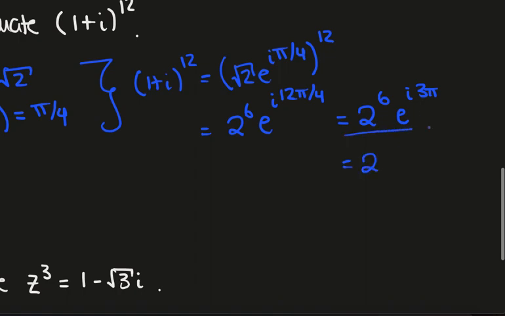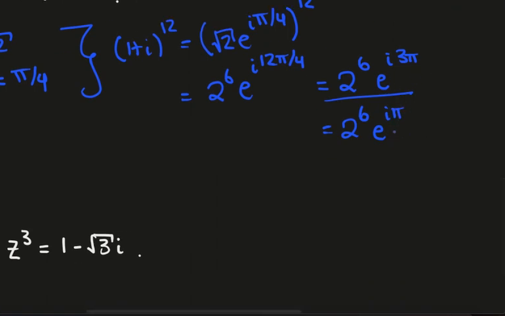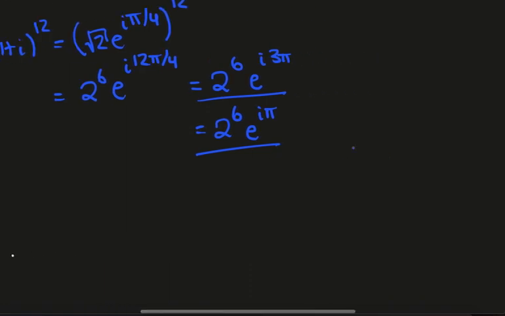Now if I wanted it in polar form, that would be enough. If I wanted the principal argument, which is between minus pi and pi, then what I would do is write this as e to the i pi, just subtracting multiples of 2 pi. So we can have this as the polar form.